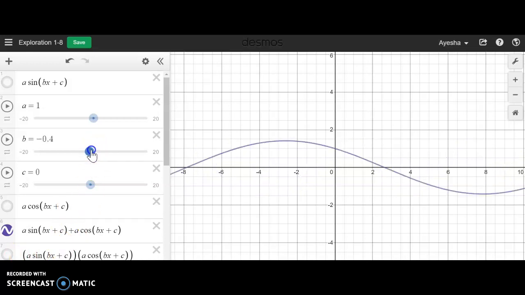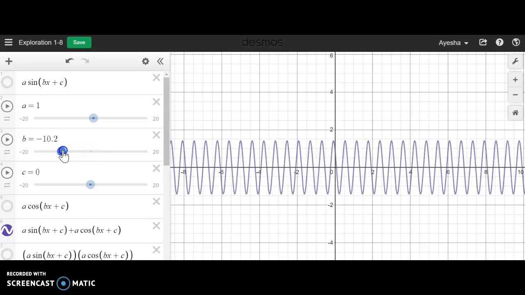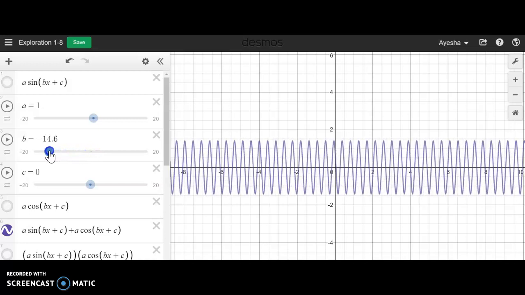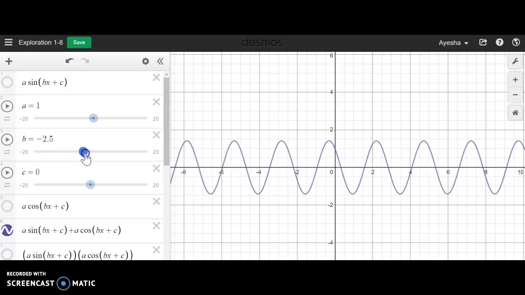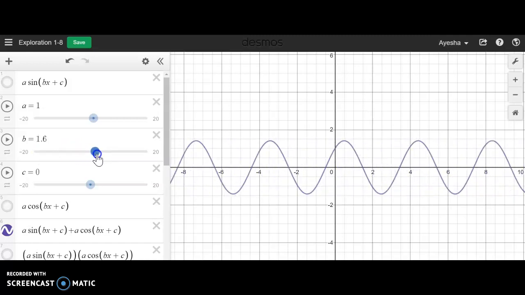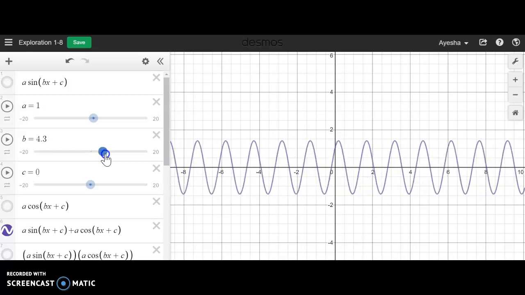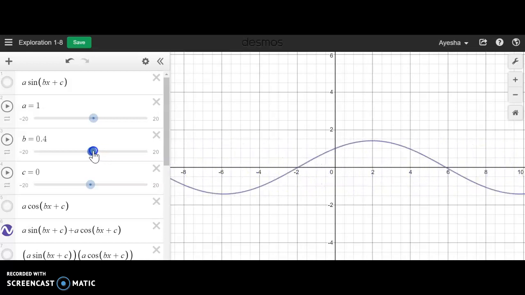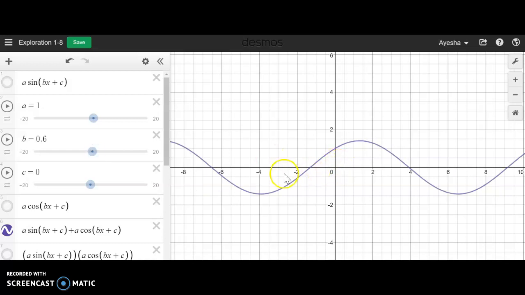Decreasing the absolute value of b to a small number makes sense for why the periods are bigger in size, because as you can recall, the periods of cosine and sine are affected by the parameter b.